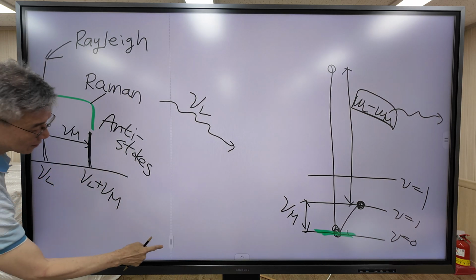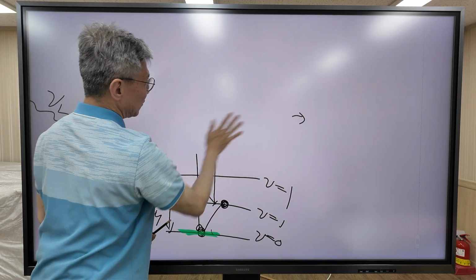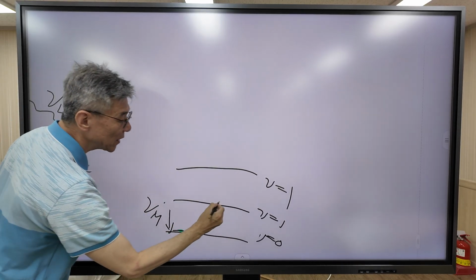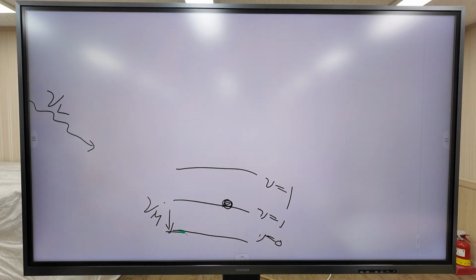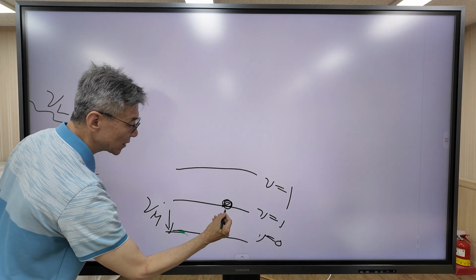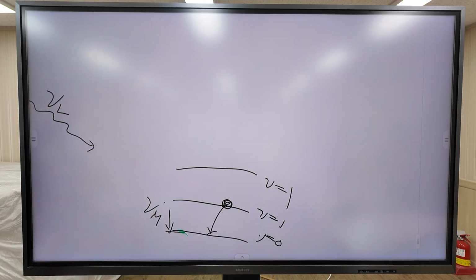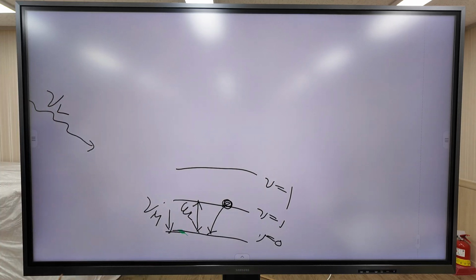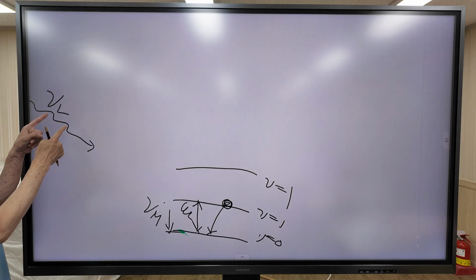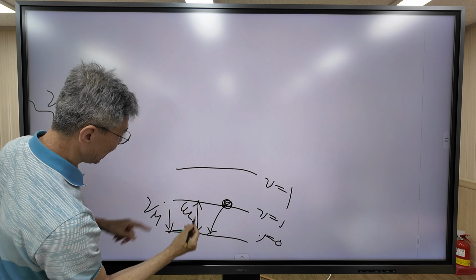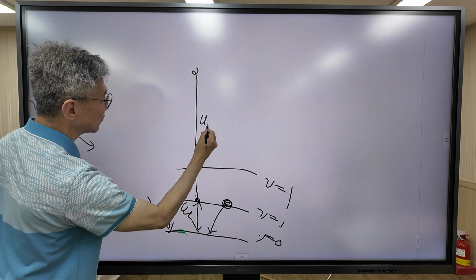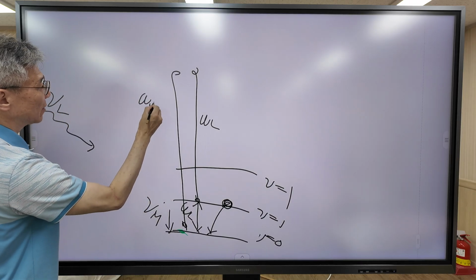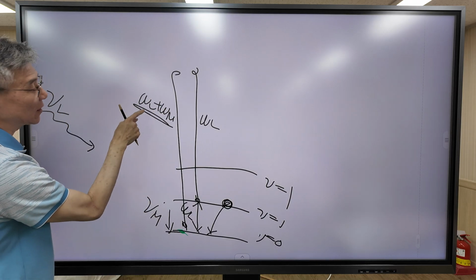To explain anti-Stokes-Raman scattering, the molecule must initially be in the V equals 1 state, and the molecule relaxes back to the V equals 0 state and emits a photon with frequency mu L. This photon combines with the incident photon mu L to produce mu L plus mu M. This is a newly generated photon.